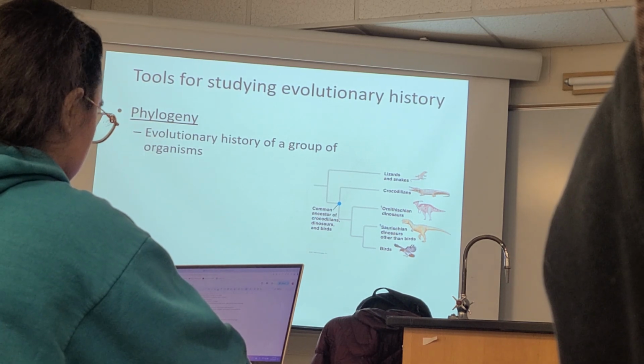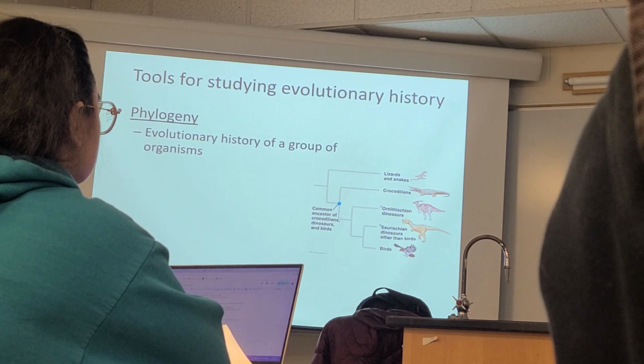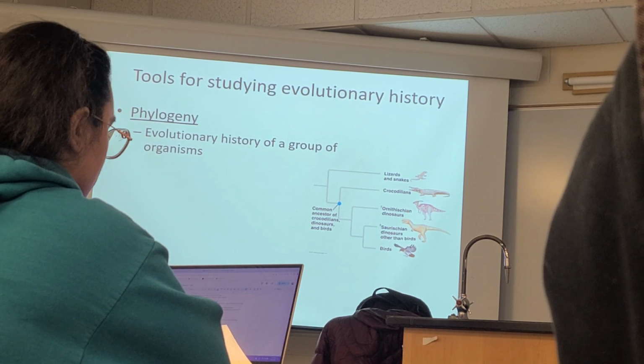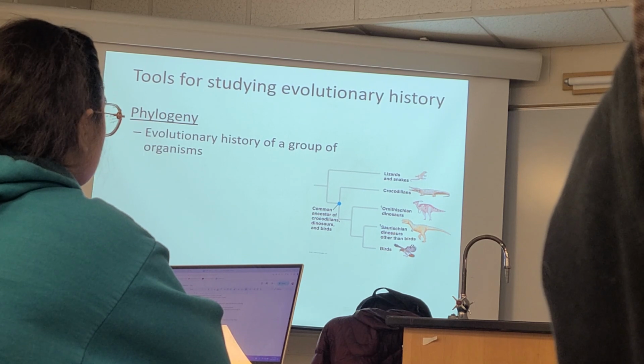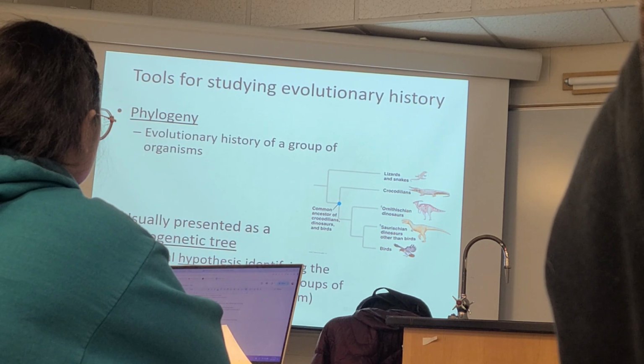So we can't possibly know this for sure. All we can do is hypothesize based on the data that we have. And that data could be molecular based, DNA, it could be morphological based, anatomy, for example, things like that. That's what we have to draw from in terms of data to come up with this hypothesis.